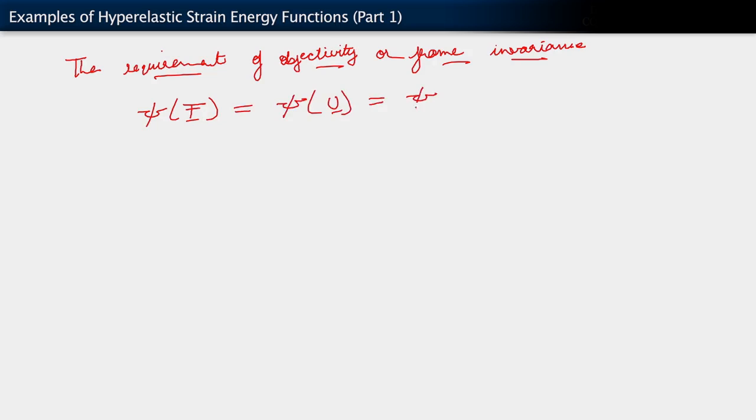Once we have that, we have the other tensors, which are also obtained from U.